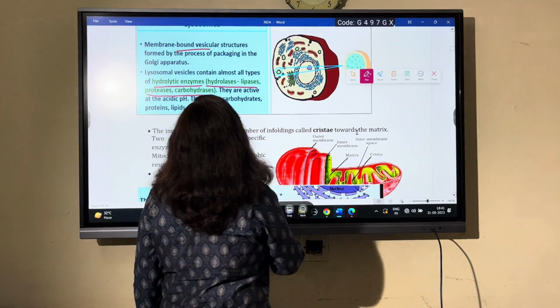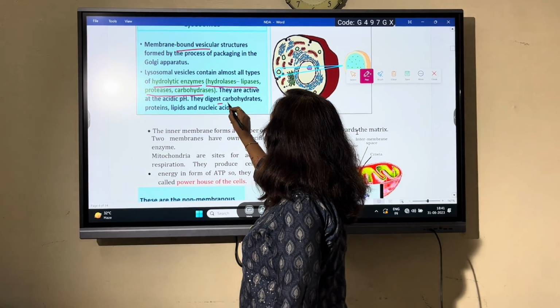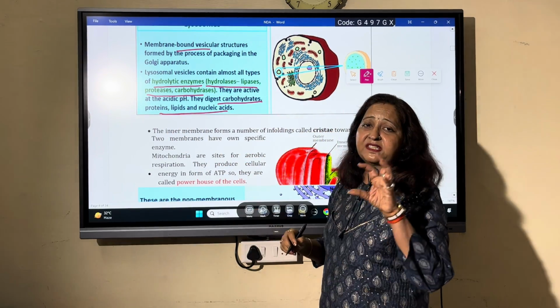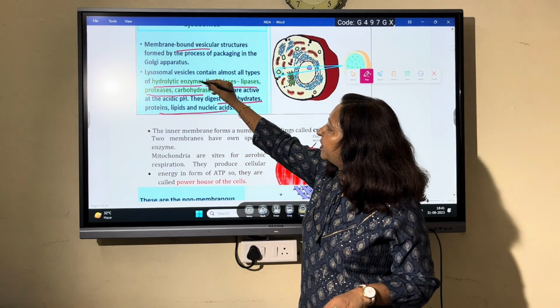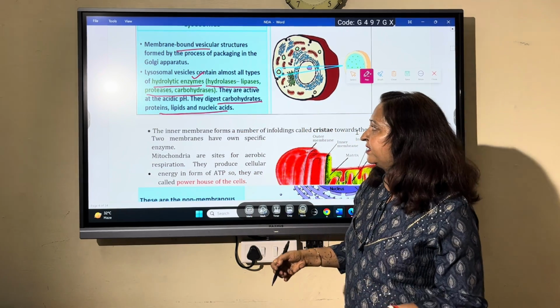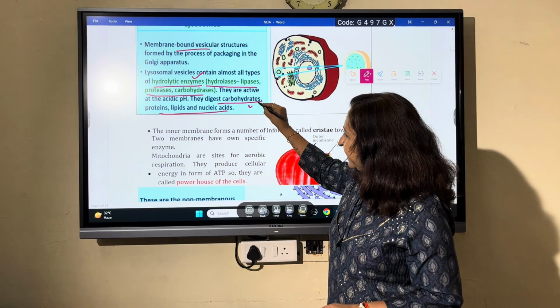What is the function of these lysosomes? They digest carbohydrates, proteins, lipids and nucleic acid. So inside lysosomes there are hydrolytic enzymes which help in digestion of carbohydrates, proteins, lipids and nucleic acid.